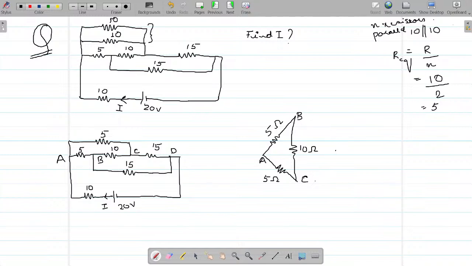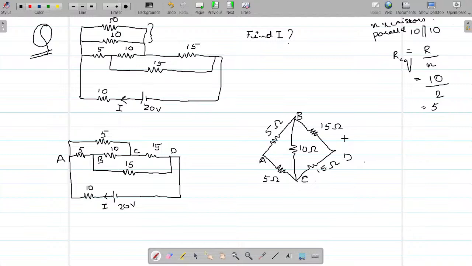Now, I did not consider point D. Let us take point D here in this case. Between B and D, is there a resistance? Yes. What is the value of such resistance? It is 15 ohms. And between C and D, yes, there is 15 ohms.